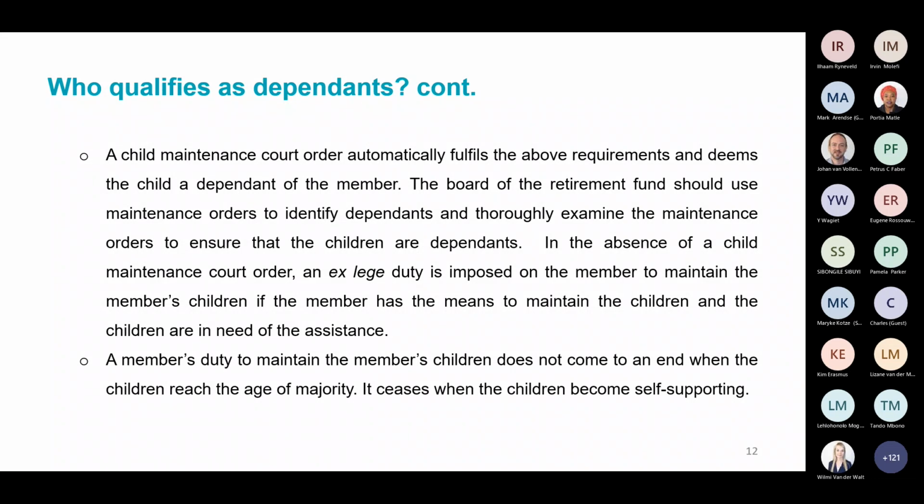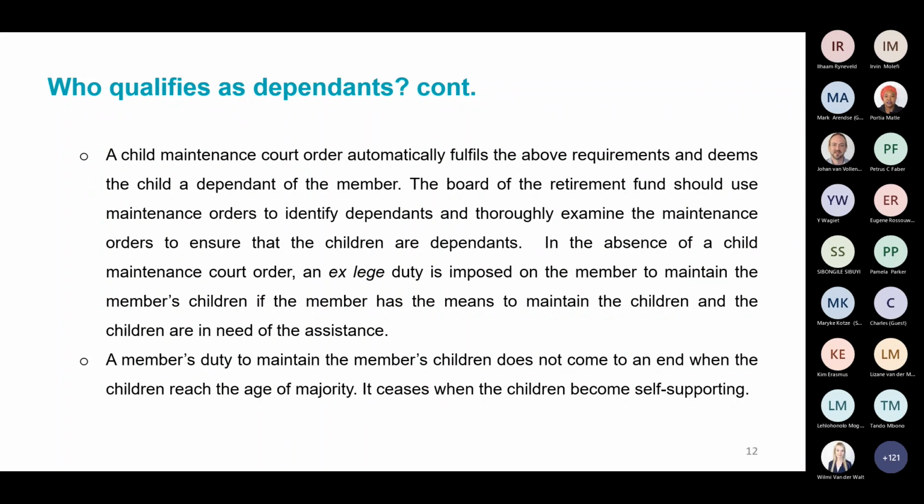A member's duty to maintain the member's children does not come to an end when the children reach the age of majority. So this idea that when the children reach the age of 18, that is when your duty to maintain the child stops, that of course is erroneous, because it only ceases when the children become self-supporting.